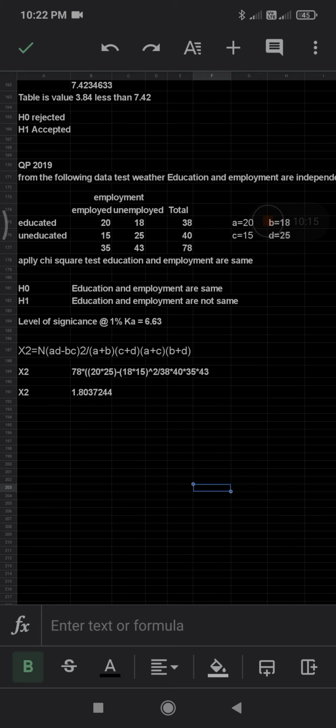The answer I'm getting here is 1.80. What is the table value here?